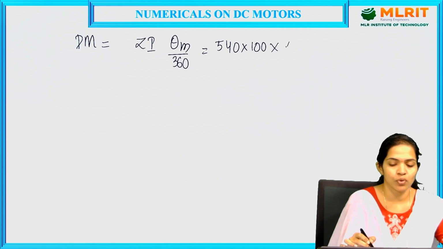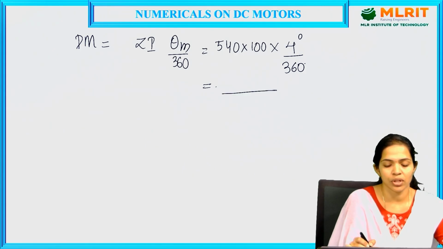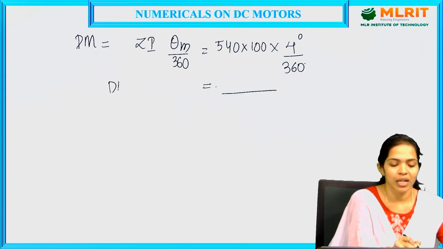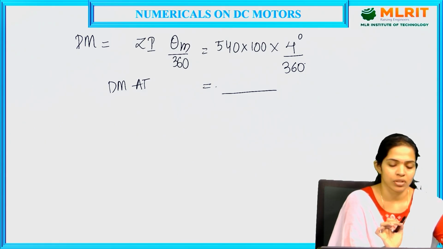Theta m is 4 degrees, which is given in the question, divided by 360. Upon calculating this numerical value, you are going to get the number of demagnetizing ampere turns required to neutralize the demagnetizing effect in the armature reaction.